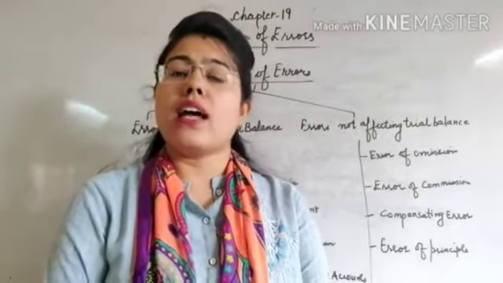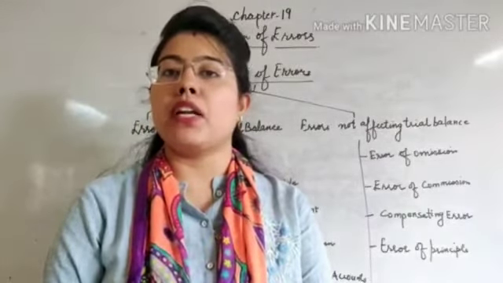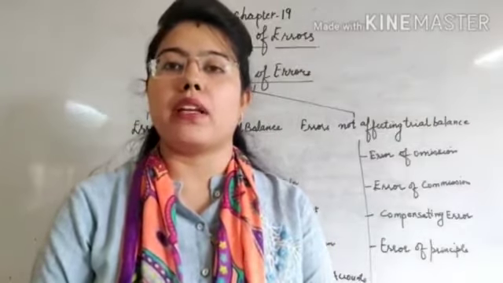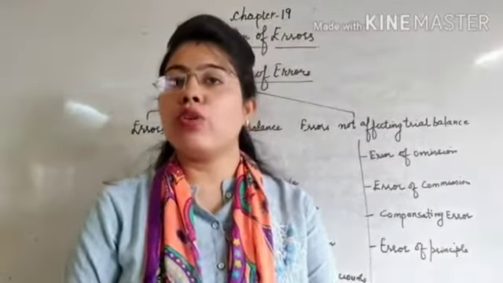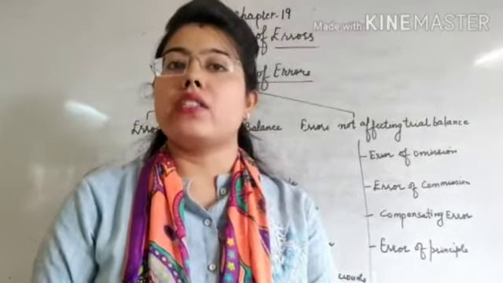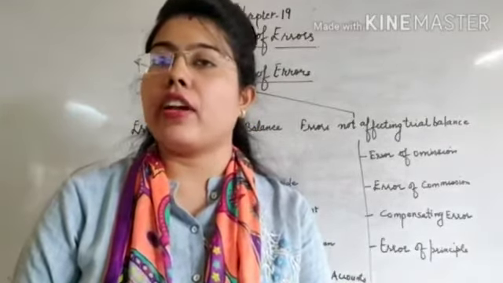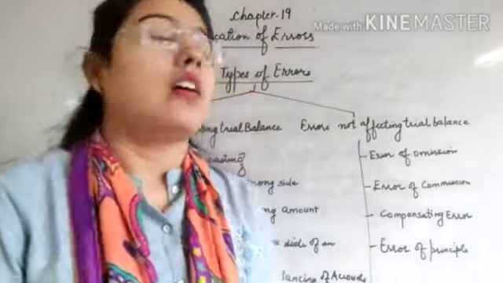So what are the errors which an accountant commits while preparing accounts? Some errors are those which do not affect the trial balance and some errors are those which affect the trial balance.